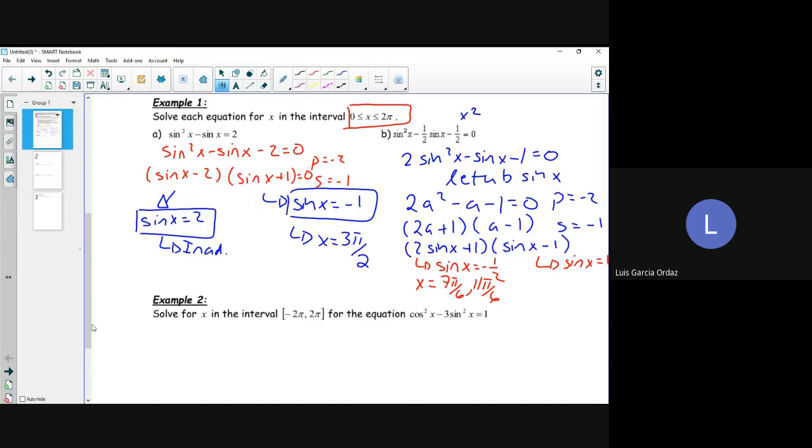That happens at x equals π/2. So x equals 7π/6, 11π/6, and π/2 satisfies the equation sine squared x minus 1/2 sine x minus 1/2 equals 0.